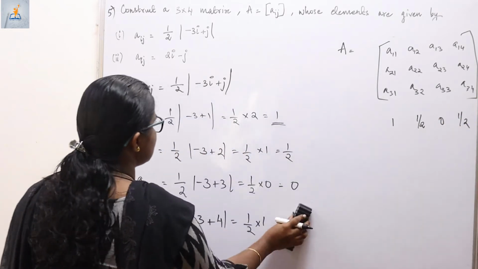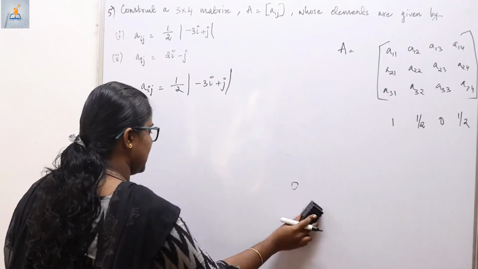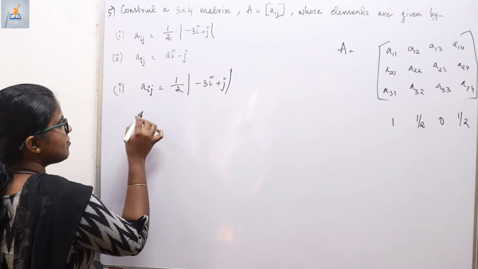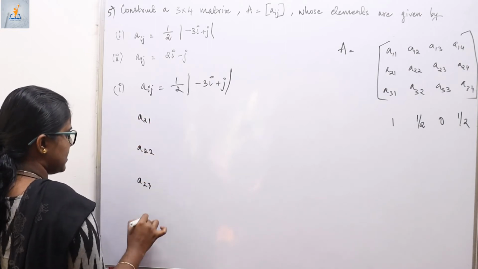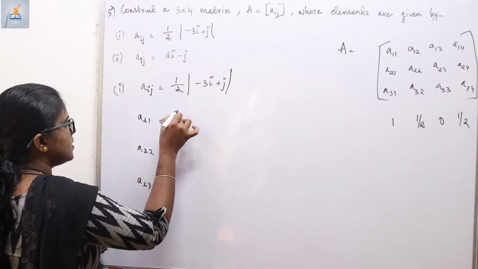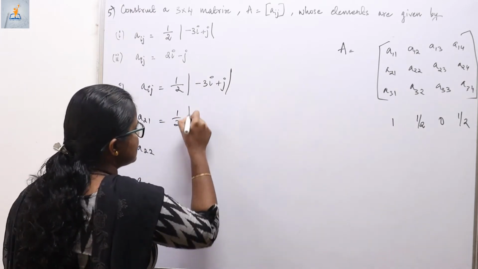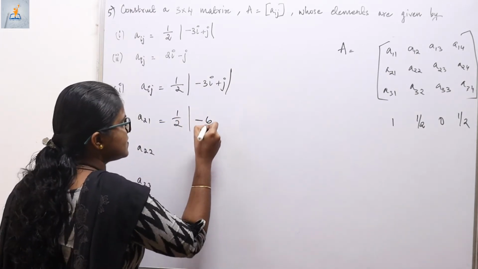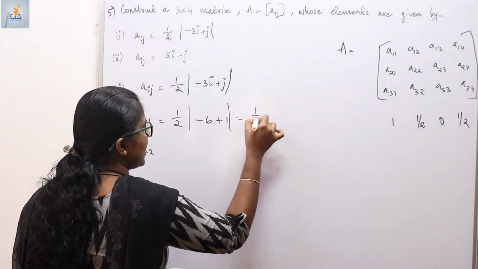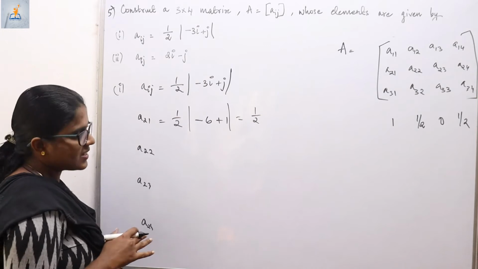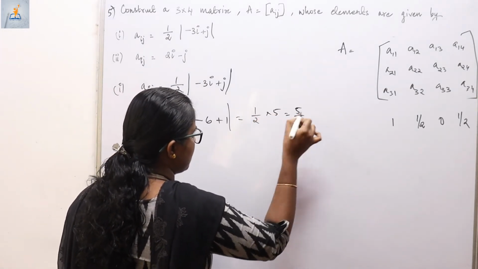So now we want the second row, that is A21, A22, A23 and A24. What is A21? It is half times negative 3 times i, that is negative 3 times 2, that is negative 6, plus j is 1. So it is going to be half times negative 6 plus 1 is negative 5, and when we take modulus it is 5, so it is going to be 5 by 2.